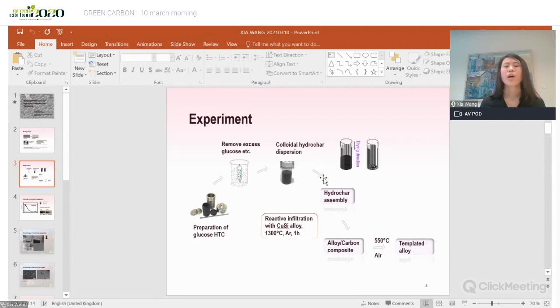Then we tried to dry this dispersion on a glass surface to obtain this hydrochar assembly. And then we use this assembly as a template to prepare a templated alloy via reactive infiltration of the copper silicon alloy with this hydrochar. And I'll give more details about this later.